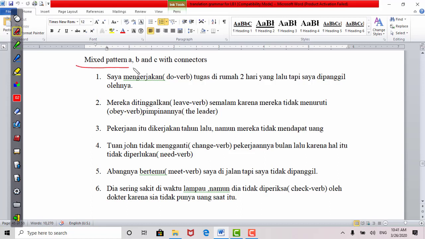Yes. Mix letters A, B, and C with characters. Look at here. There is exercise 2. For number 1, saya mengerjakan. That's not passive. So this is active. Saya mengerjakan tugas di rumah 2 hari yang lalu, tapi saya dipanggil olehnya. Okay, I change first.